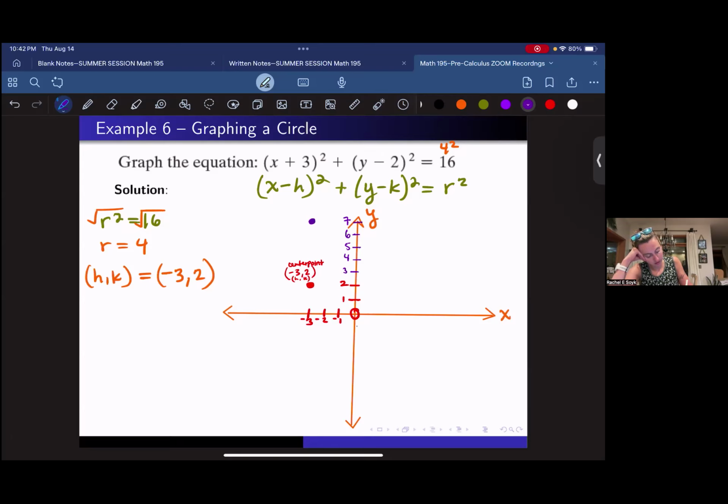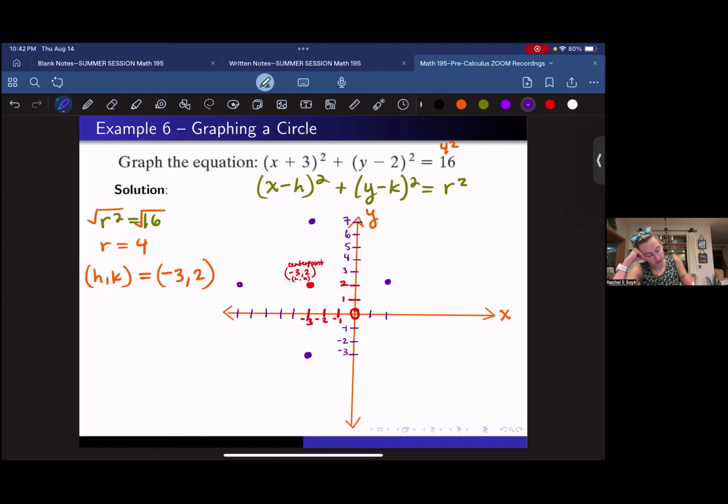Let's do south. 1, 2, 3, 4, 5. Plotting this one south. Right? Let's do east. 1, 2, 3, 4, 5. And then let's do west. 1, 2, 3, 4, 5.